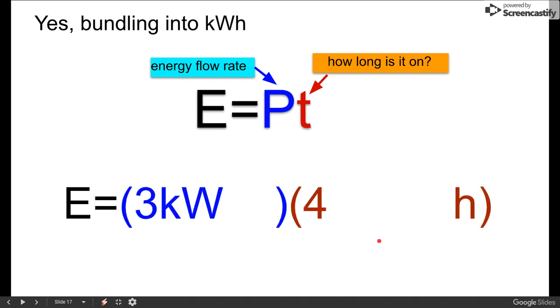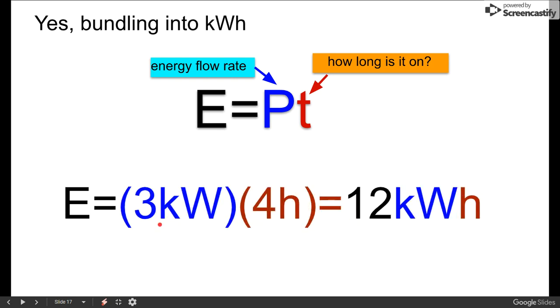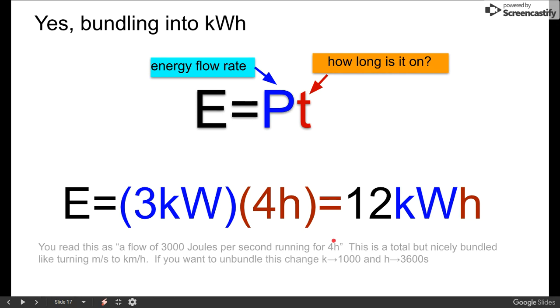We'll turn the watts into kilowatts, and we won't bother with the conversion to seconds. We will simply leave it in hours, and then we get 12 kilowatt hours, which you read as 12,000 joules per second of power running for 1 hour. It is a total. It's just bundled conveniently.